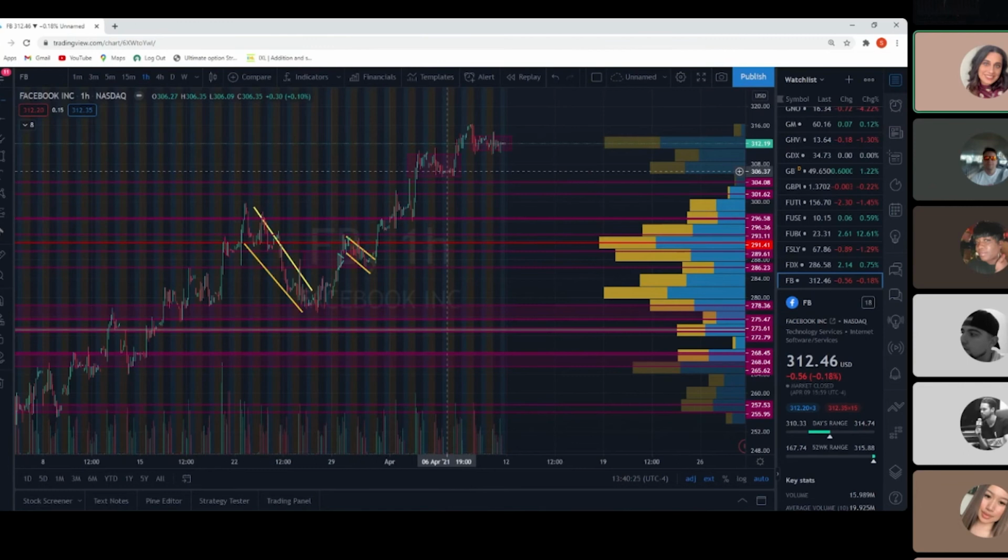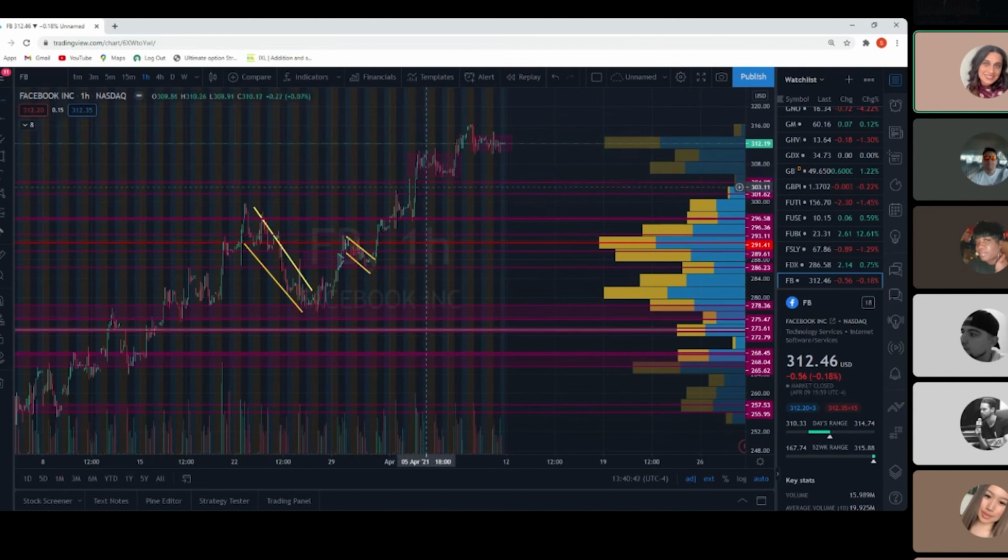This does have a consolidation here, but at the same time, you should make sure you understand that it's not a strong supply and demand area.